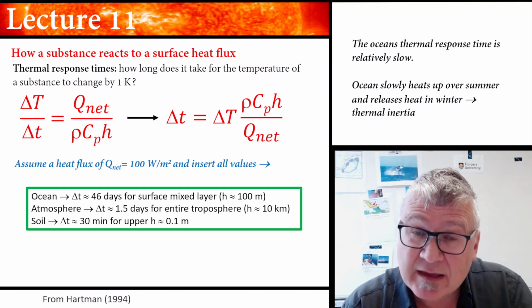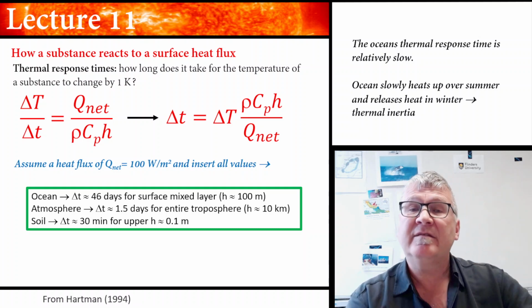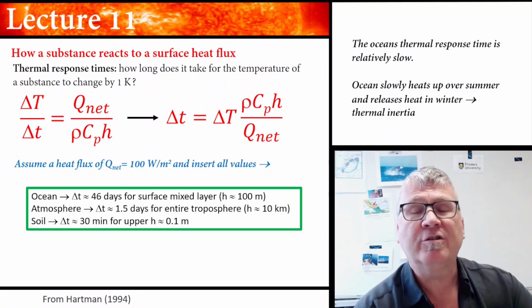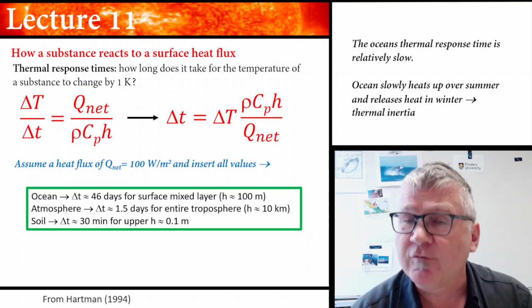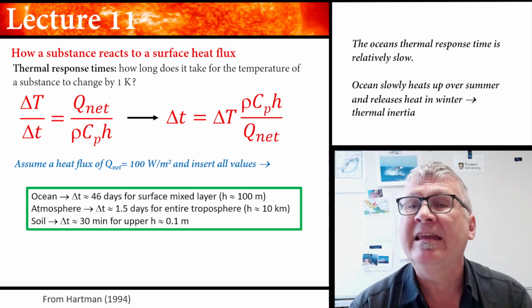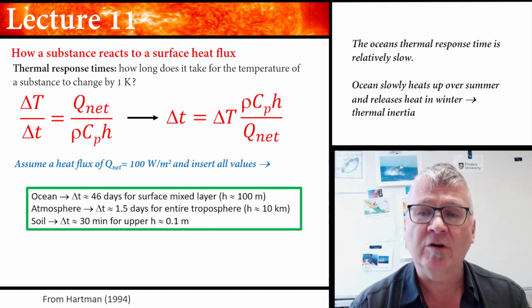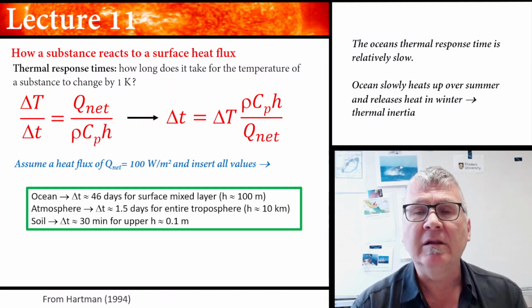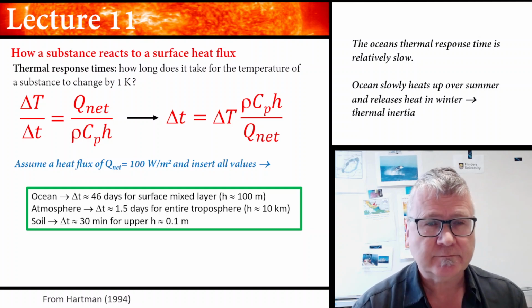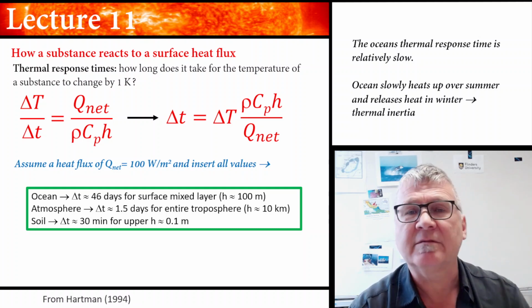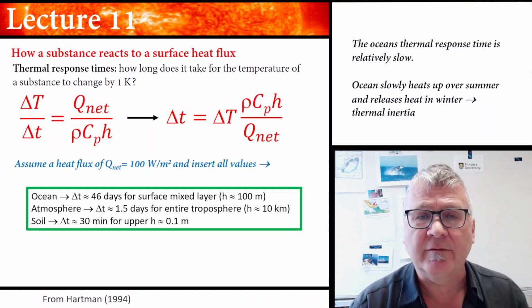So there is this mechanism that the existence of water actually influences the climate on nearby land because of this thermal inertia. I hope that you learn something from these considerations.